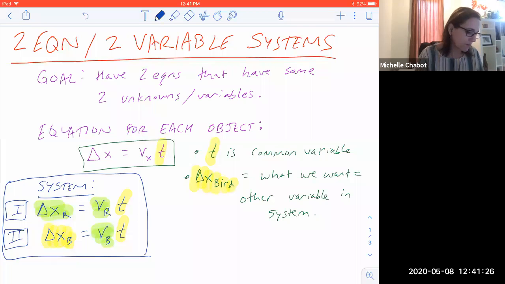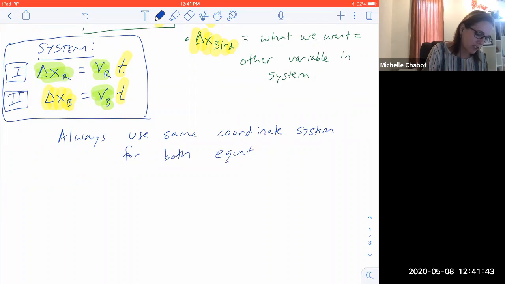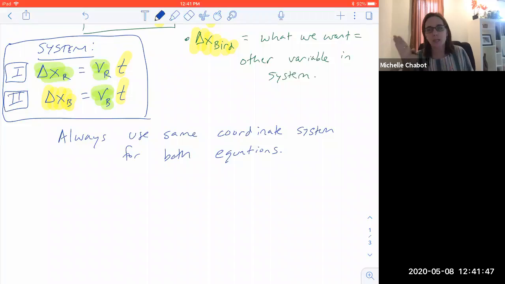So one thing to keep in mind is that you always are going to use the same coordinate system for both equations. For the bird and the runner, it was pretty obvious because they both ended up at the same finish line.